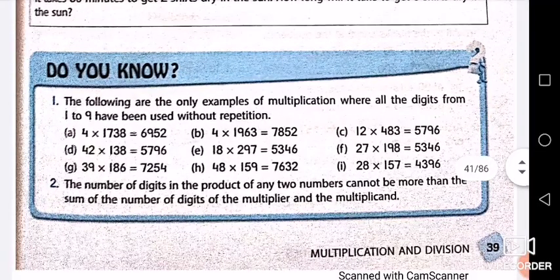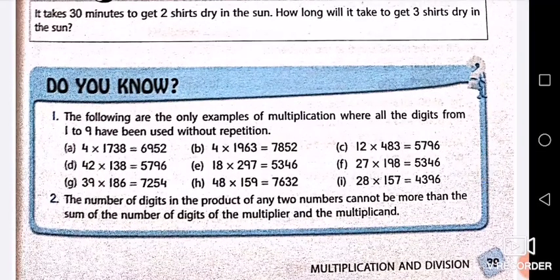Now, do you know, it is also a very interesting thing that is given in Do You Know. The following are the only examples of multiplication where all the digits from 1 to 9 have been used without repetition.